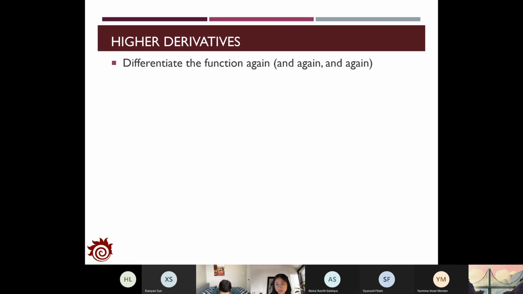With that you get a higher derivative, which we call a higher order derivative. And for some functions, like higher order polynomial functions without any factorial or exponential component, eventually the higher order derivative will result in the value of 0.